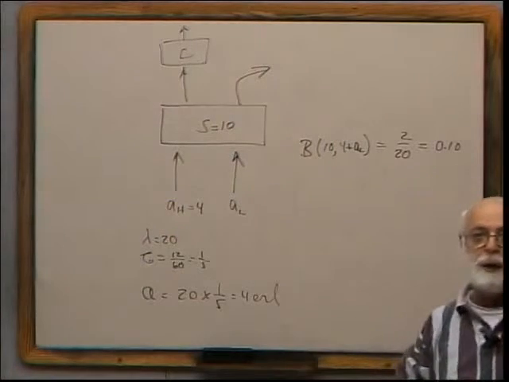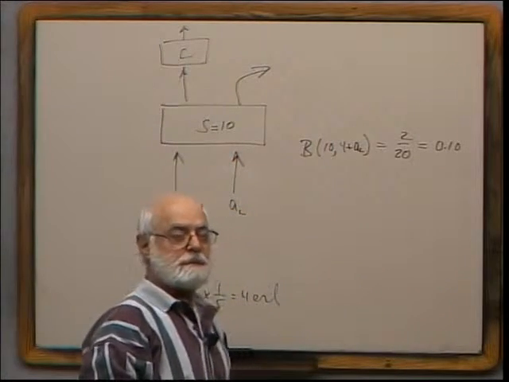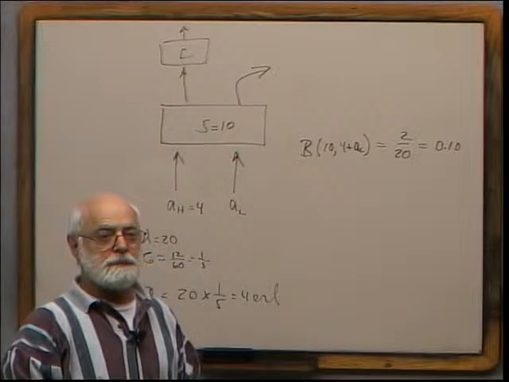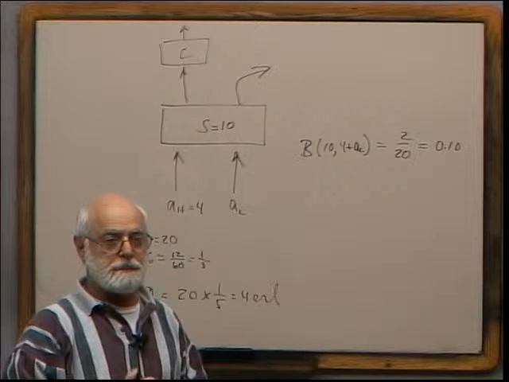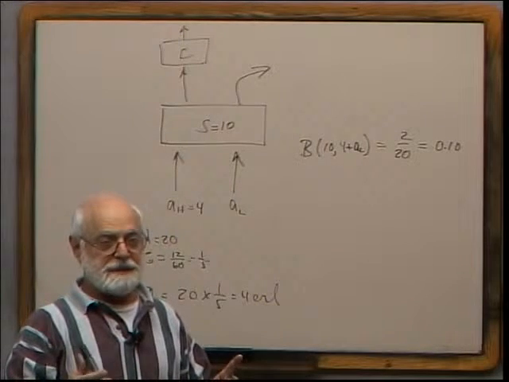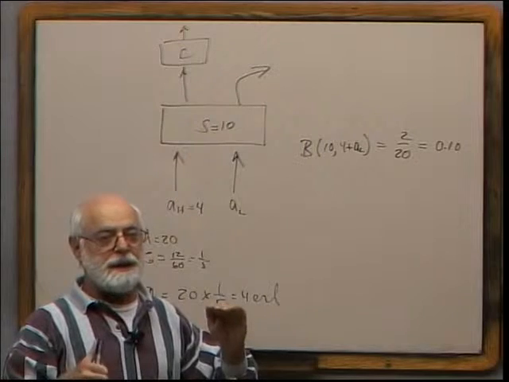Yes? Didn't we prove that earlier in the course by saying that if we have blocked customers cleared, then the Erlang B formula works regardless of service time as long as the input is a Poisson process? We did say that, and in fact, you could make the argument that the proof is embedded in that.